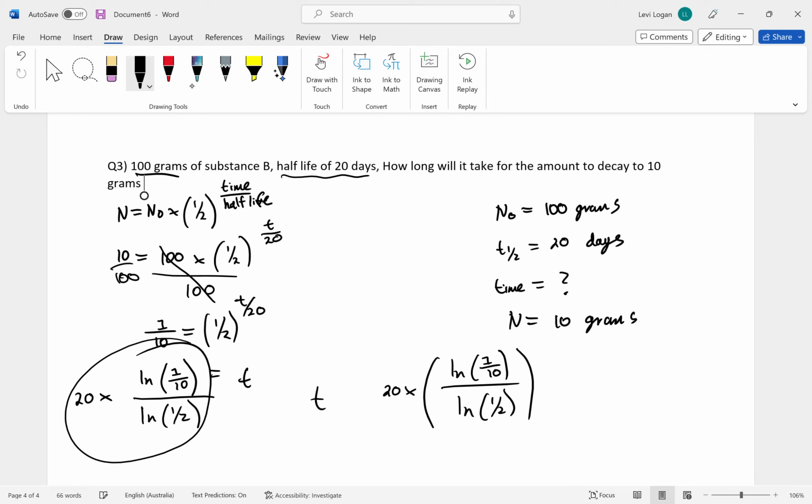Put that exactly into your calculator and you should get the right answer. You should get t equals 66.43 days.